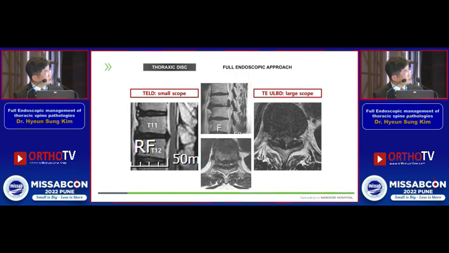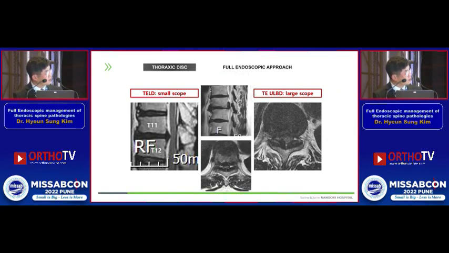In some cases, like a mixture of disc pathology and posterior pathology, it needs a combination of small scope and large scope. Especially for small disc pathology only, target the extraforaminal or transforaminal approach. But in cases of posterior and disc pathology together, it needs a large scope and small scope, and the intralaminar approach will be more useful.